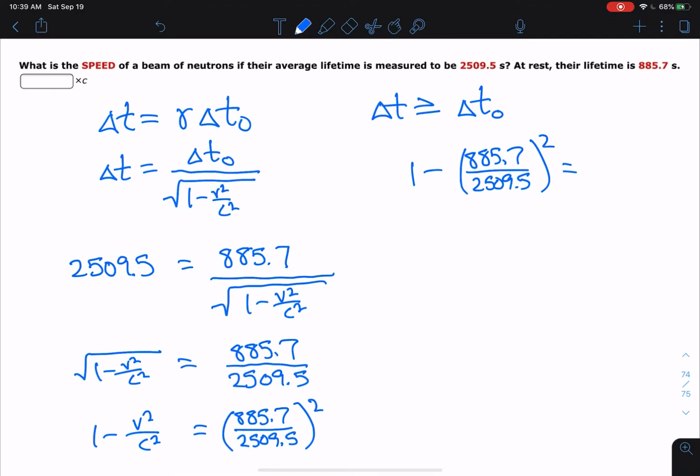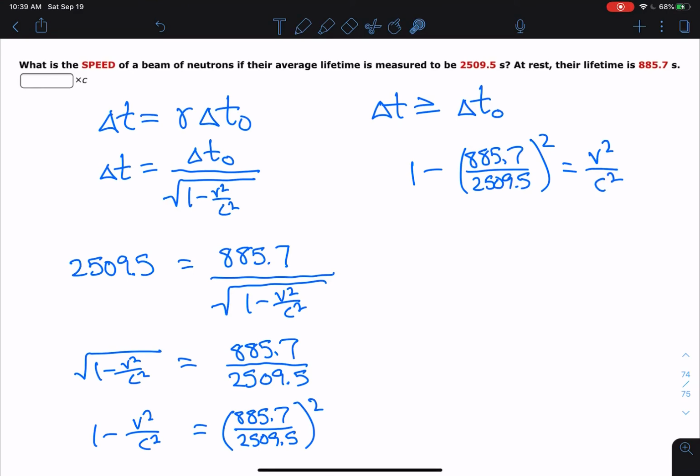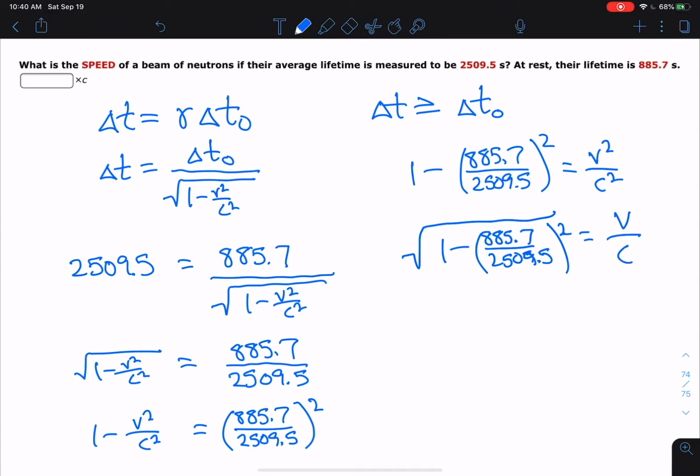I'm just trying to move things along here. All right, and now we're solving for v, so we can take the square root of both sides. The square root of 1 minus 885.7 over 2,509.5, squared, equals v over c.